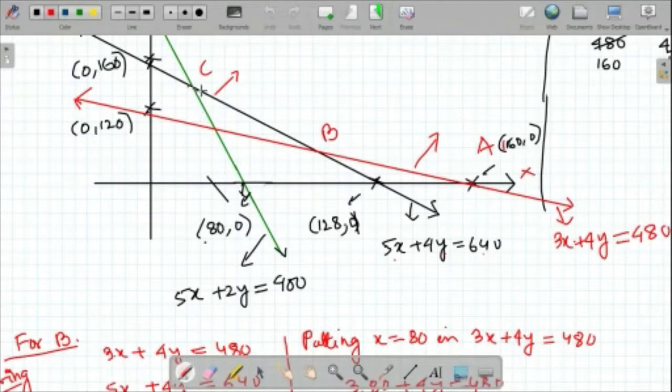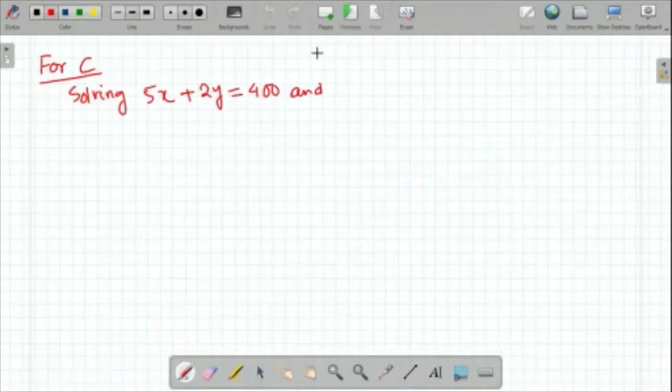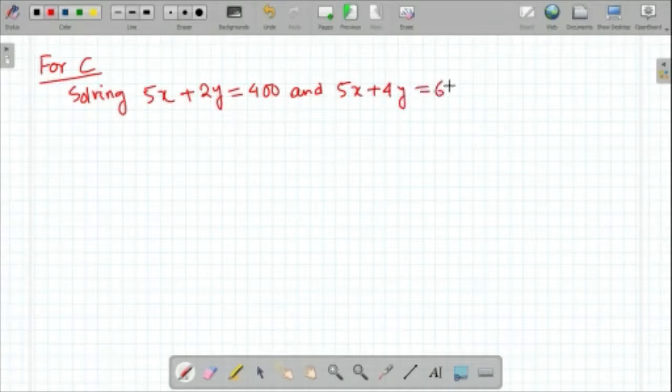C is the intersection of green and the black line: 5x plus 4y equals to 640.